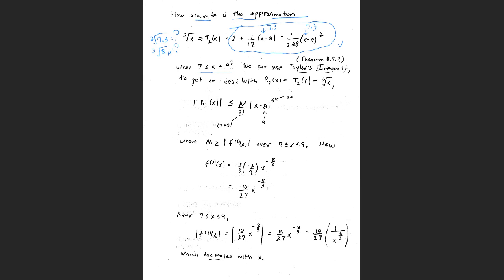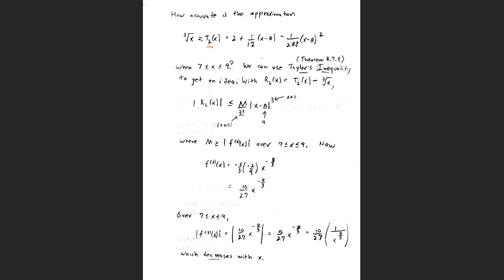So how accurate is our approximation when x is between 7 and 9? How accurate is this second degree Taylor polynomial? Well, here's the inequality.